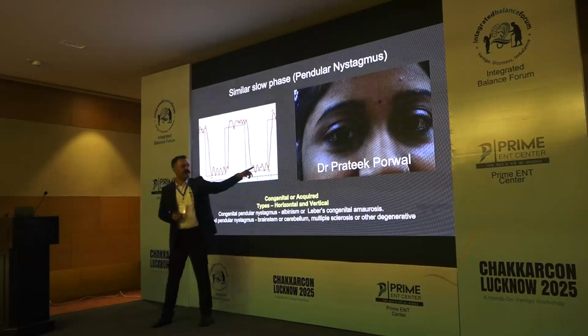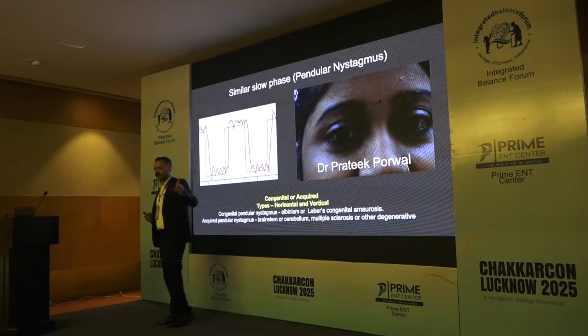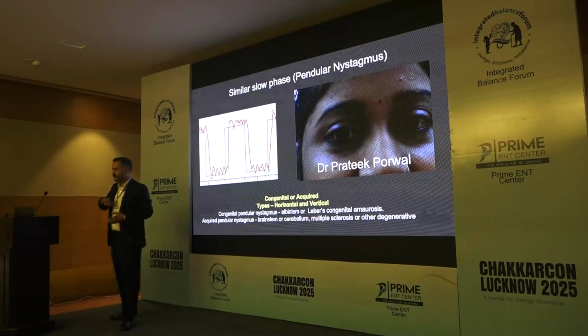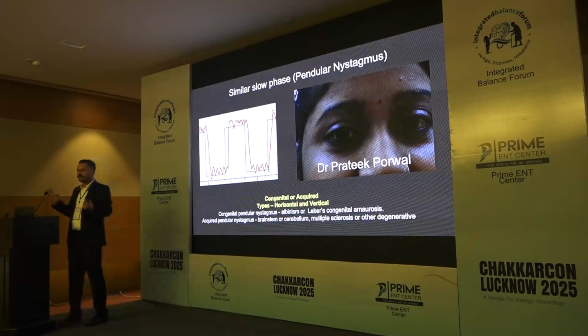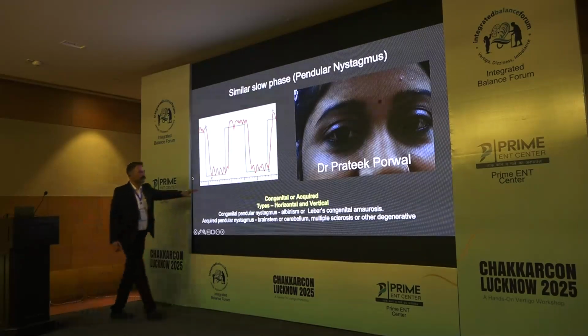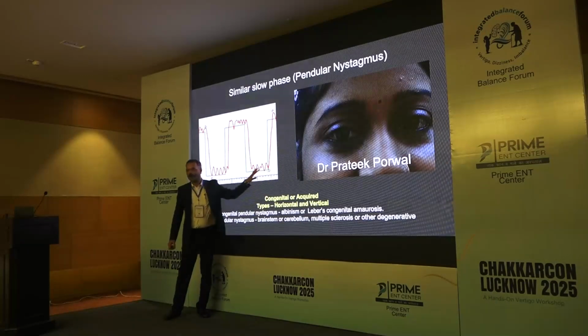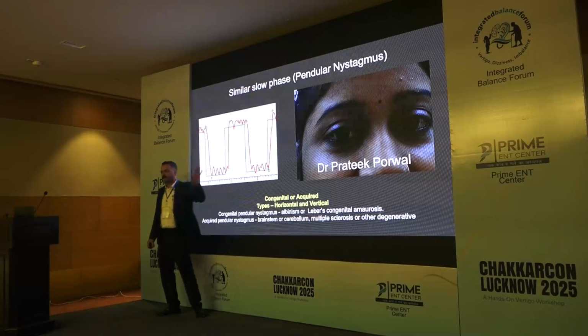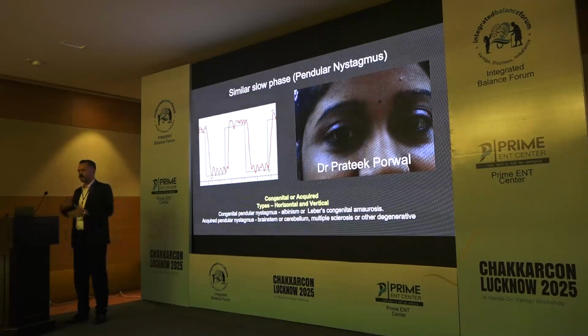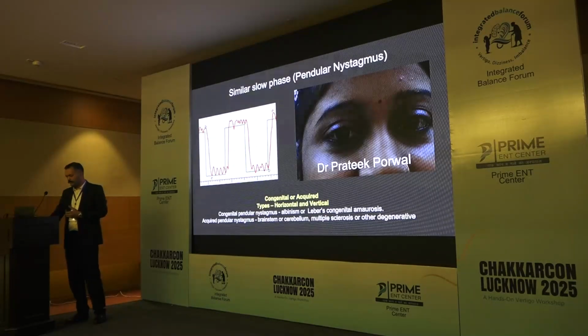And this patient came to me for allergy, not for vertigo. In pendular nystagmus, the vision is normal and generally they don't have any other problem. And in the graph it is very hard to explain whether it is two slow phases or two fast phases or a slow phase and a fast phase. So if you get this graph and this video, it might be a pendular nystagmus.